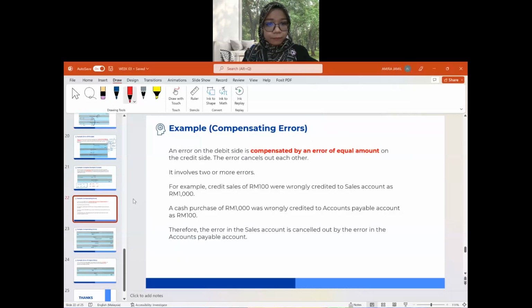Okay, and then we have compensating errors. An error on the debit side is compensated by an error of equal amount on the credit side. For example, a credit sale of 100 was wrongly credited to the sales account as 1,000, and then a cash purchase of 1,000 was wrongly credited to account payable as 100. Therefore, the error in the sales account is cancelled out.